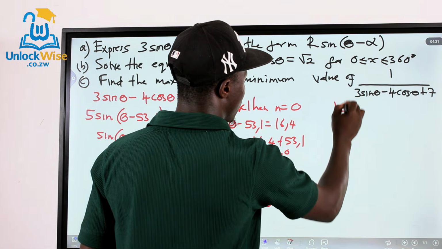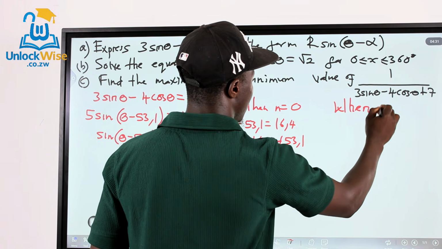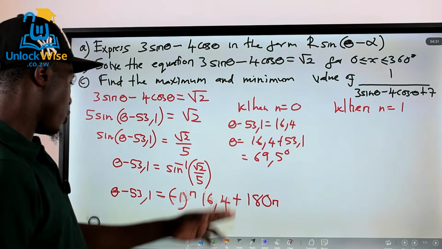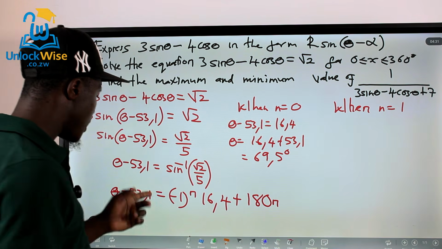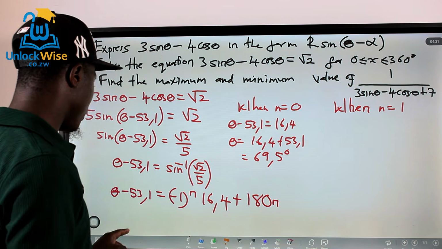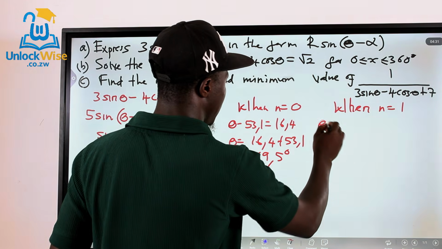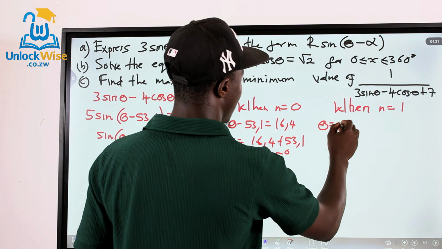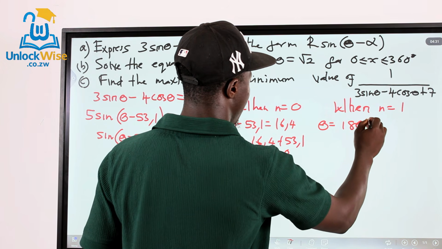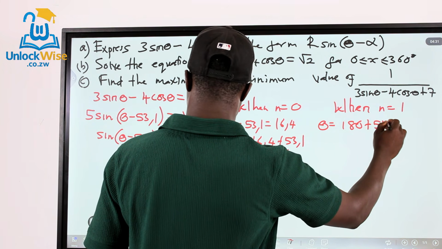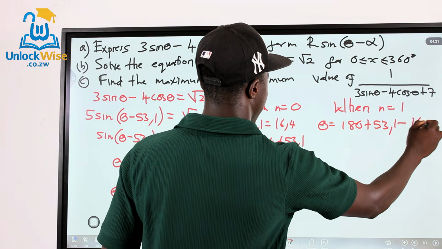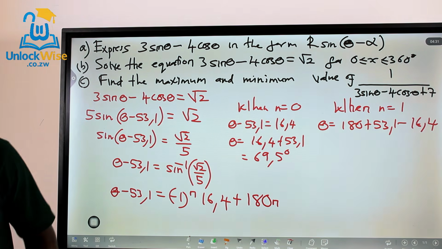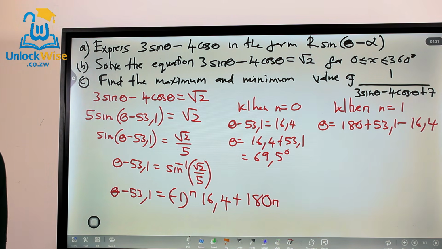What if when n is equals to 1? When n is equals to 1, we are going to say 180 minus 16.4. So we'll be left with theta is equals to 180 plus 53,1 minus 16.4. Since minus 1 to the power n, that is equal to a negative n.